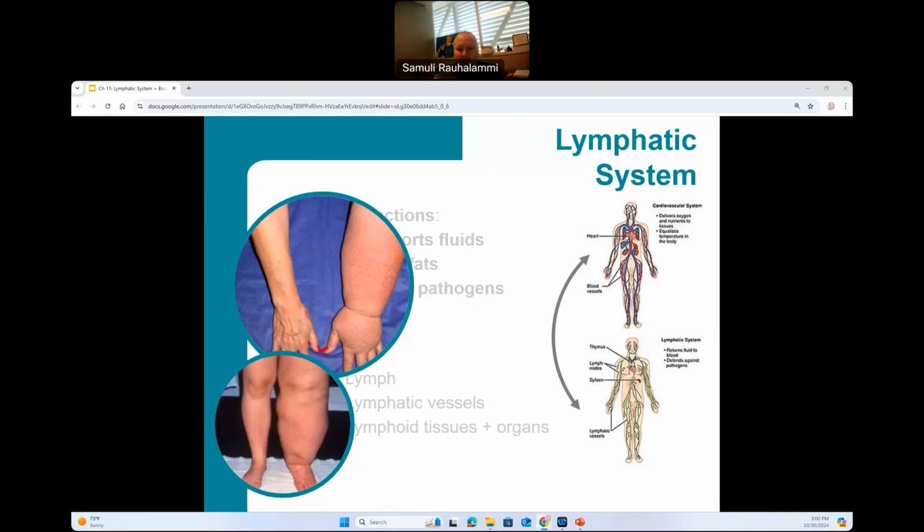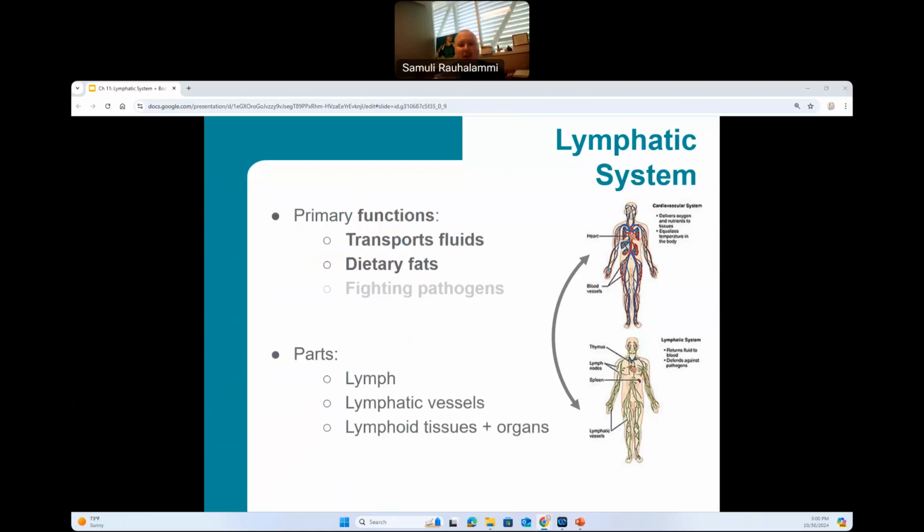And in order to prevent this, we have to drain this fluid that leaks out. And that's really where the lymphatic system steps in and serves such an important job in our day-to-day life. So let's talk a little bit about the functions of the lymphatic system, and there are three that I want to highlight for us.